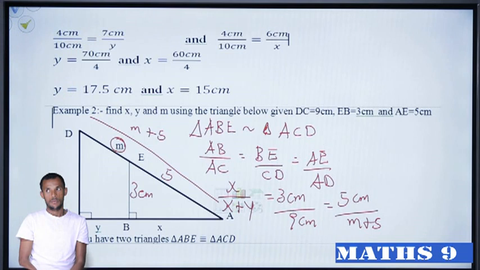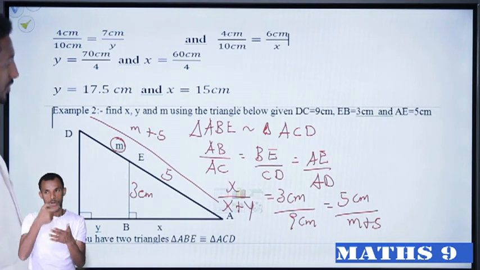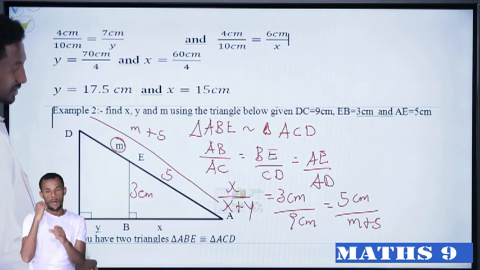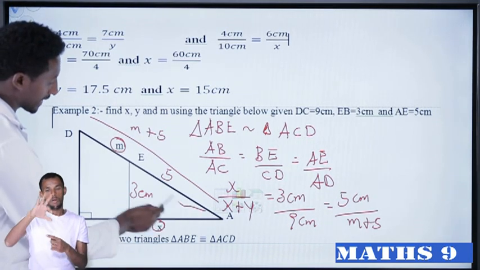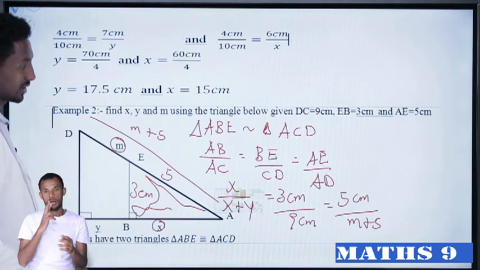But to evaluate the values x, y, and m, we can apply another property here to find x. Look at this triangle. This triangle is a right angle triangle.